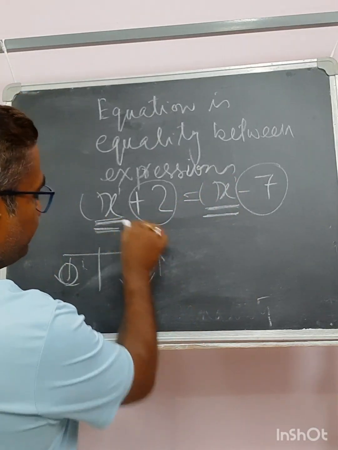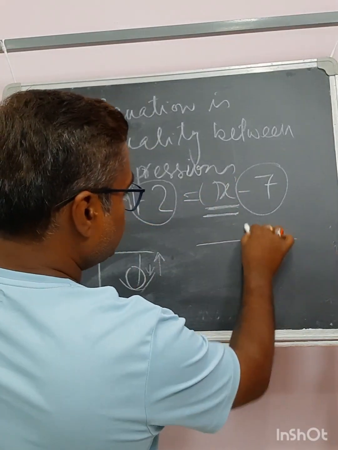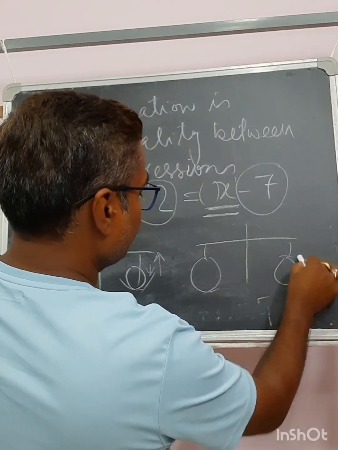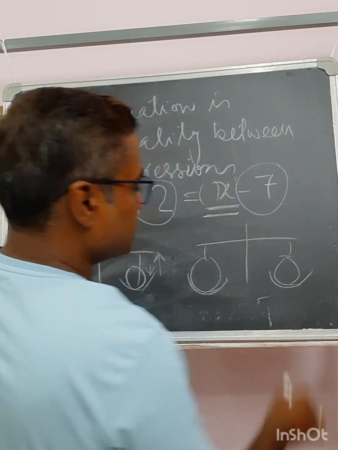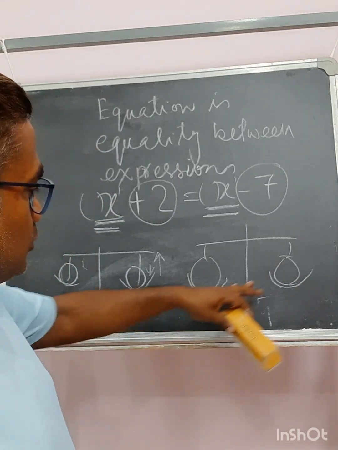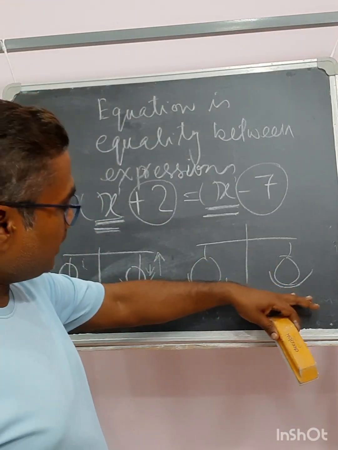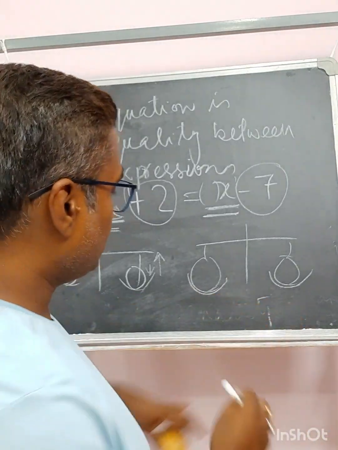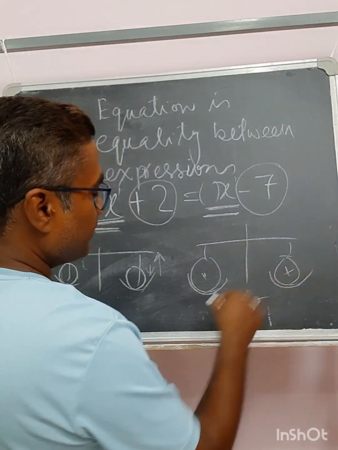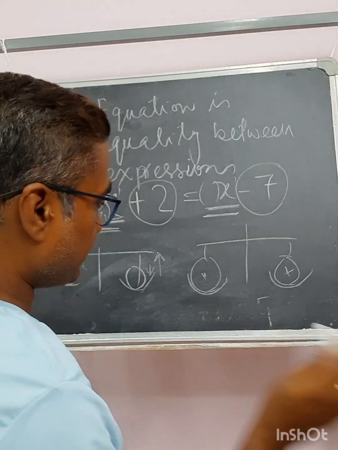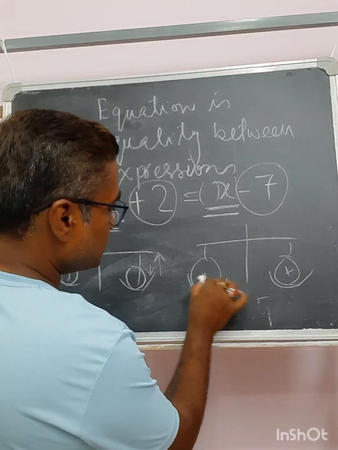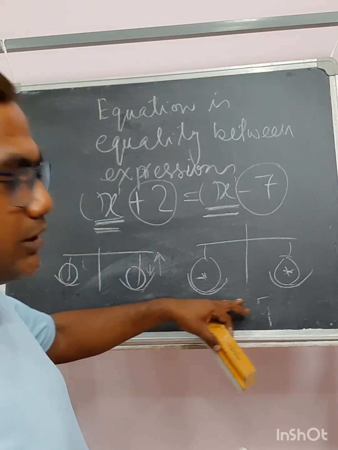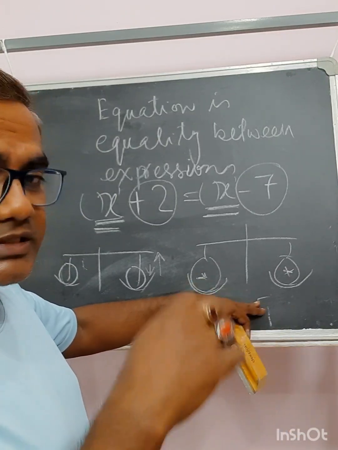Let's say I am keeping one coconut here and a coconut here, both the same in shape and size, so they balance each other by themselves, so there is no need of dead load to understand what this value is, but in this case I cannot understand what the weight of this is unless and until I put something which is standard.